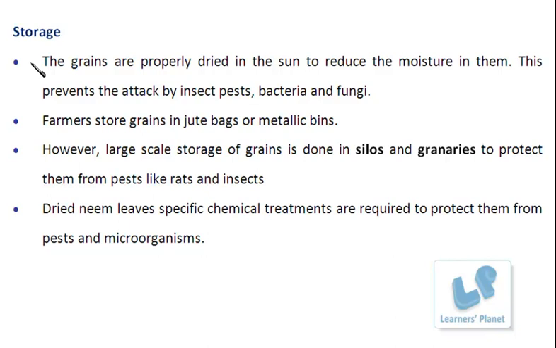Properly stored in the sense that it depends on whether it has to be stored for a very long period of time, or for a short duration, or in storehouses or in malls or wherever. Accordingly, prior to initial storage, these grains, specifically pulses, should be properly dried in the sun, or in dryers if it is at a large scale.